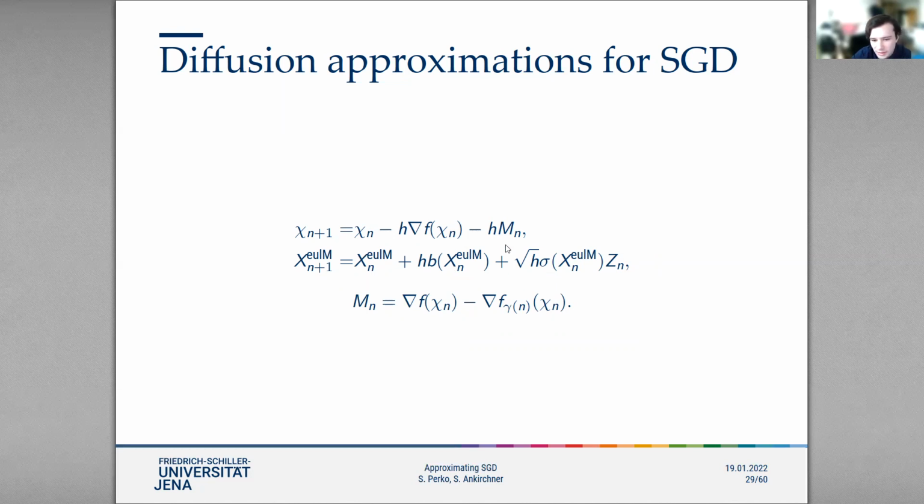So first of all, you can see that over here we have this h, and then below we have square root of h. So we also should have another square root of h for the sigma. And then also this mn term must play a role.